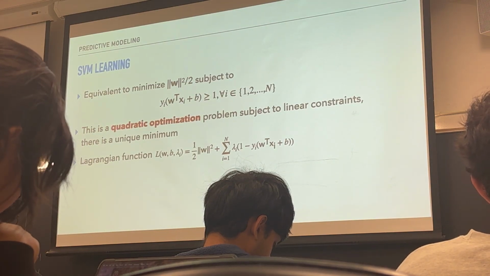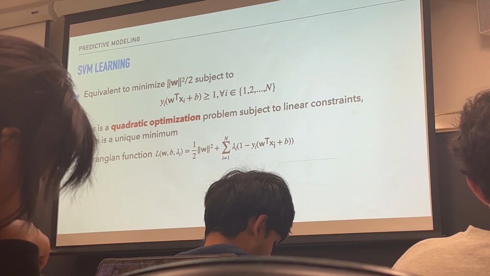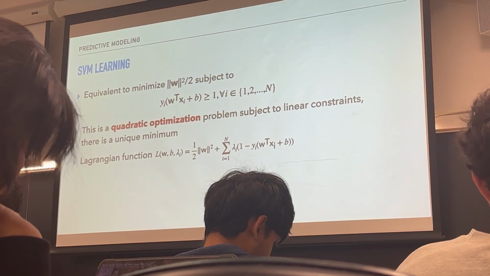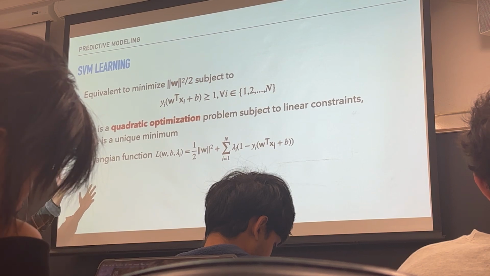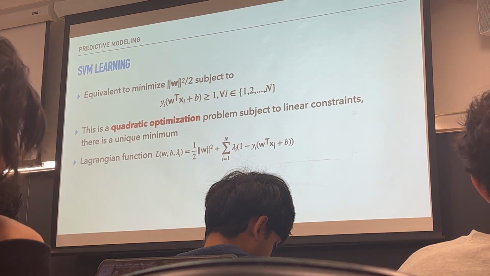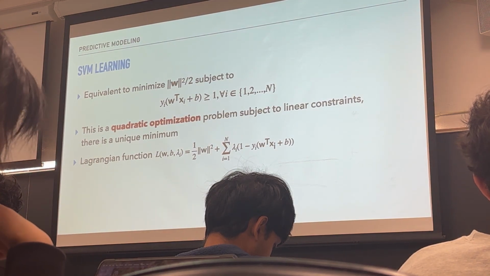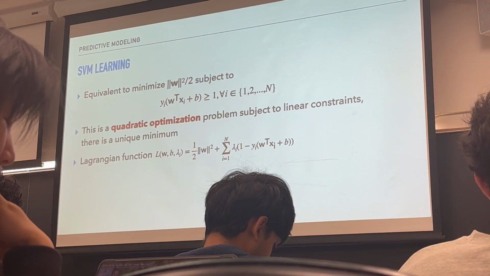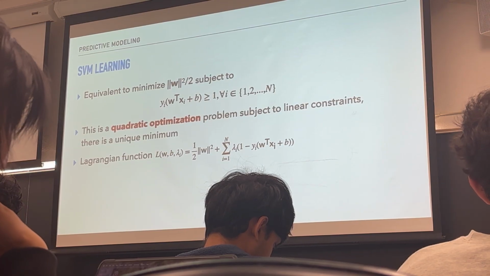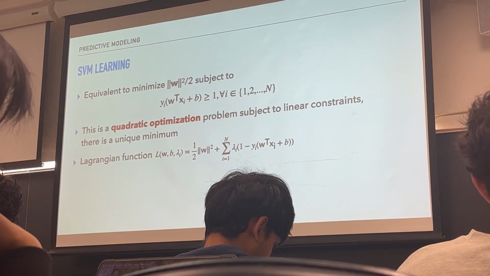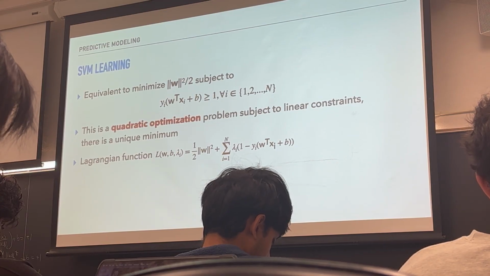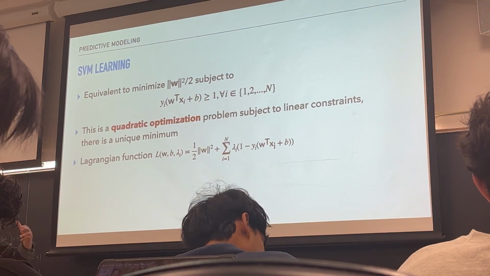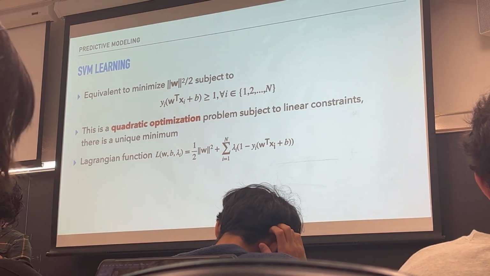Instead of a hard constraint that says find me a W that minimizes the norm subject to these constraints, these hard constraints should not be violated. If a W violates any of these constraints, remove that W from consideration. The algorithm will never output a W that violates even one of those constraints.